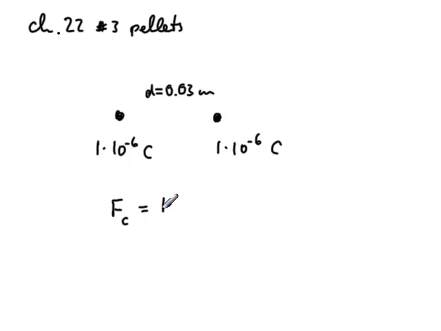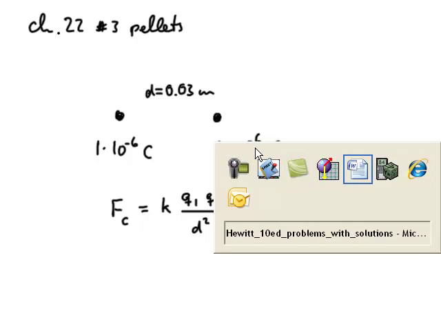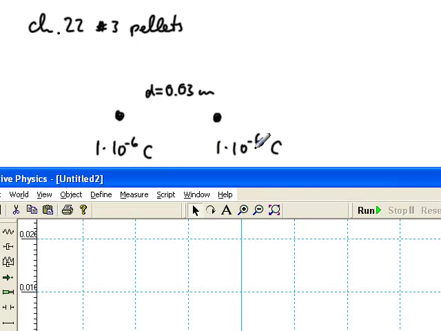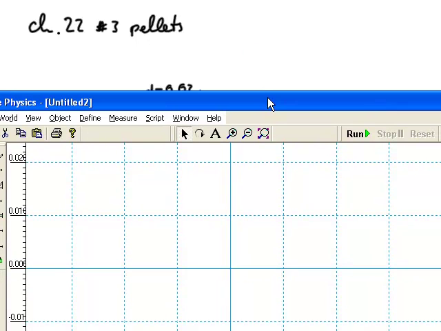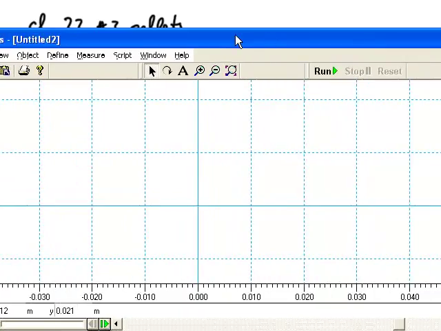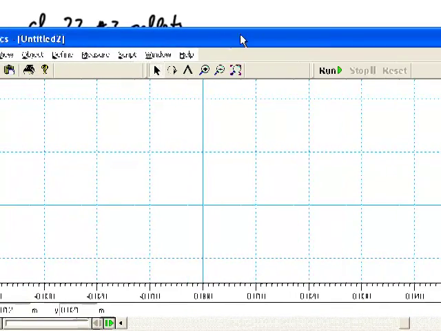So Fc equals K times Q1 Q2 divided by D squared. And I will show that in a moment on the calculator, but I figured the other thing I can do is show you this in an animation.